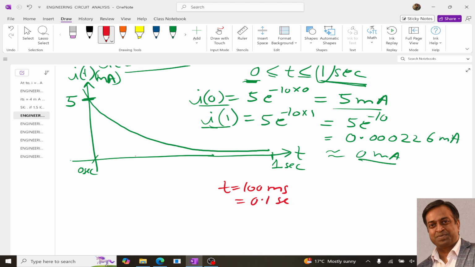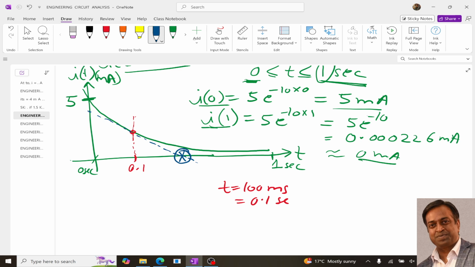So something over here, right? Let it be 0.1, right? So at this point, I need to draw the tangent, something like this, right? And after drawing the tangent, I need to determine this location.